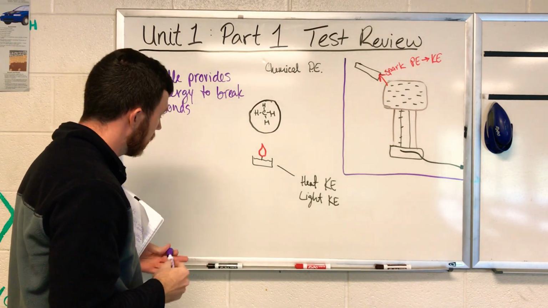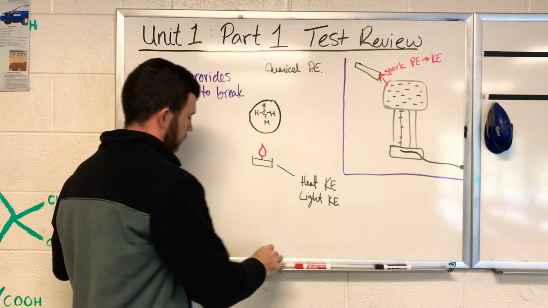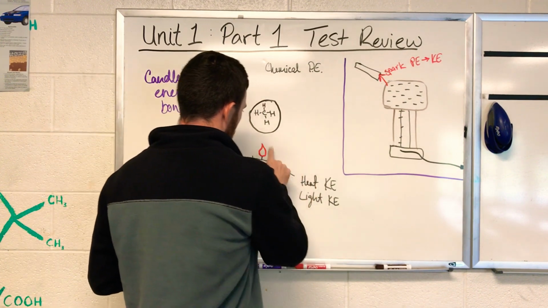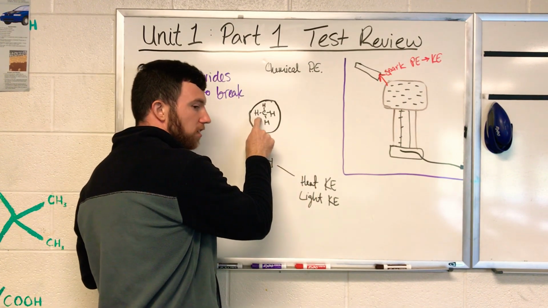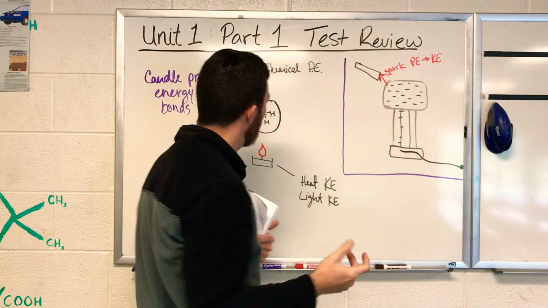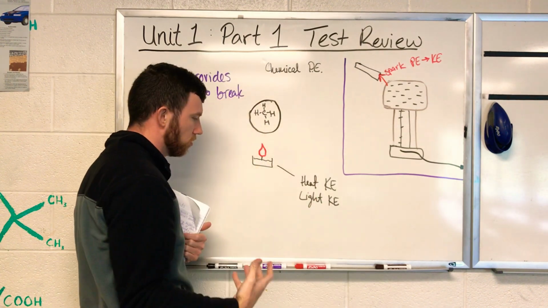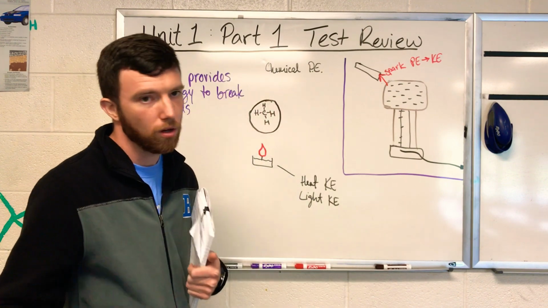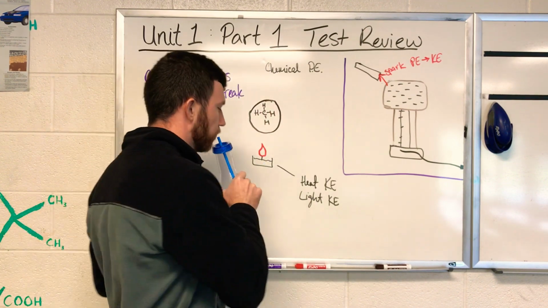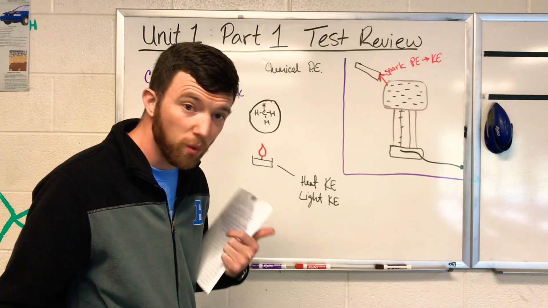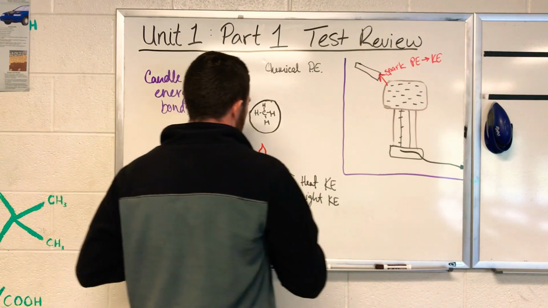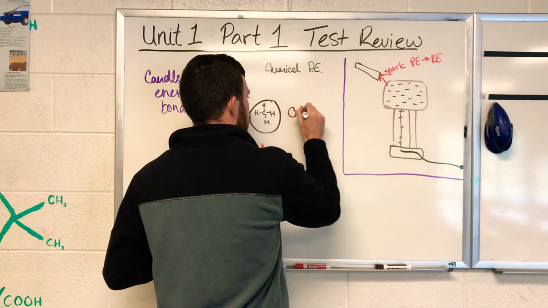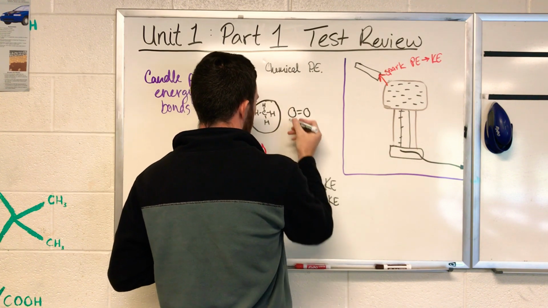Now, when these do break, so we've got energy, it's going to break these bonds. Now, we can't just have these atoms floating around. They don't do that. It's very unstable, and so they would like to be stable, so when they break, they're going to react with the oxygen. This is oxygen.